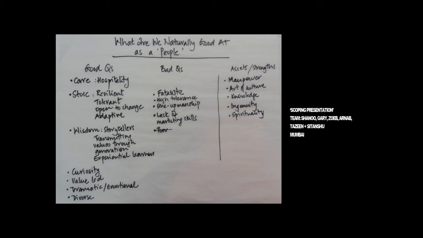There's a huge amount of curiosity, drama, emotionality, so we can work on that. We use those as feeders. So we can use these qualities as feeders for whatever system we create. And then of course there are the bad ones, which I'm not going to focus on right now.